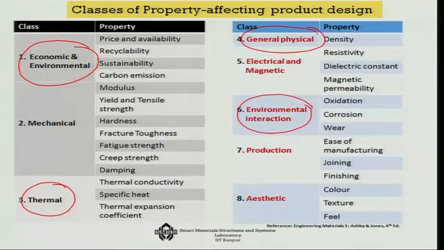And next, from the production perspective, we also look for properties which are important from the production point of view. For example, which material is good from the manufacturing point of view. I can give you an example: if you consider iron, okay, and titanium, okay, which is used as a space grade application because of its very good high temperature properties.